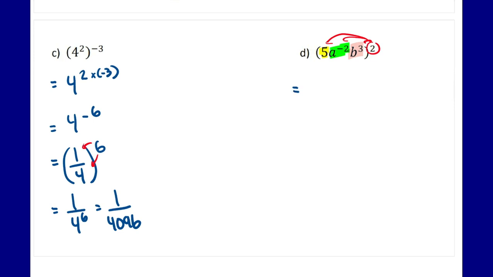So what this actually works out to is 5 to the power of, and this would technically be a power to a power rule. If we don't see an exponent, we can assume it's 1. So this would be 5 to the power of 1 times 2, times a to the power of negative 2 times 2, times b to the power of 3 times 2.